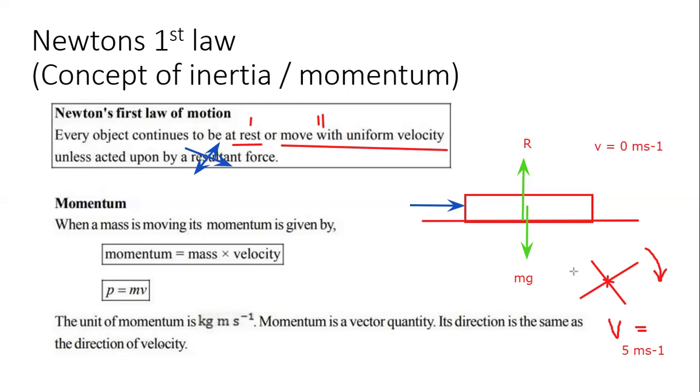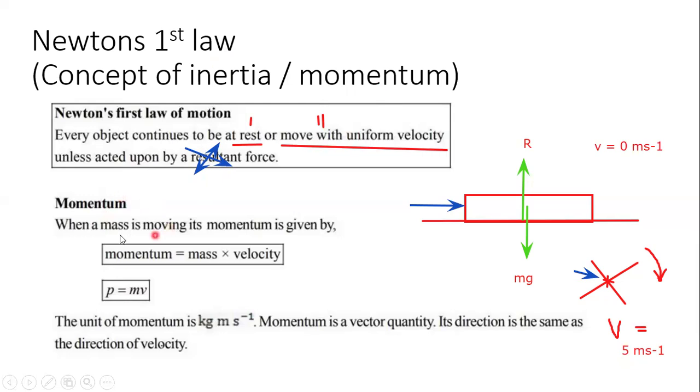So if I put my hand in here and obstruct the velocity, then there's a force acting. That is very simple as that. And as I said earlier, Newton's first law is called the concept of momentum, right? The momentum is also another term we can learn of.